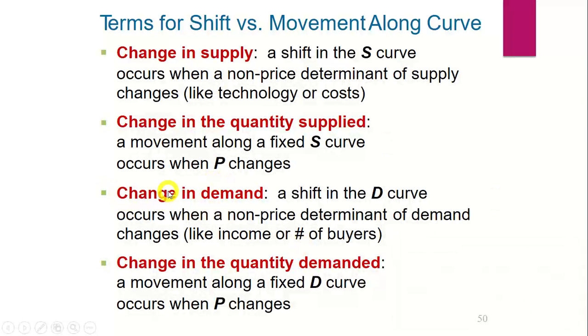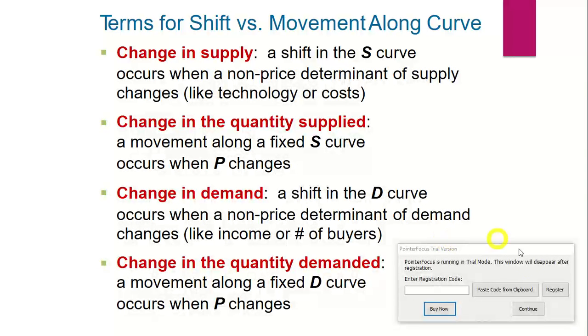And now coming to change in demand, it's a shift in the demand curve that occurs when a non-price determinant of demand changes, like income or number of buyers, or you can say substitutes, tastes and preferences, etc. And a change in the quantity demanded is a movement along a fixed demand curve.